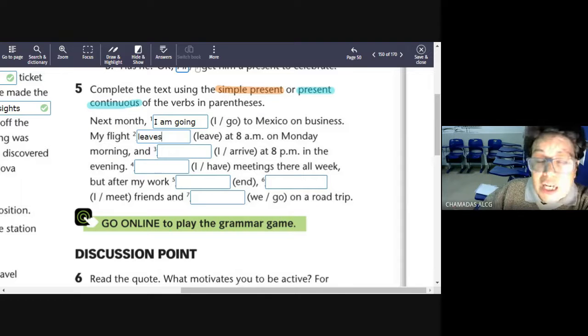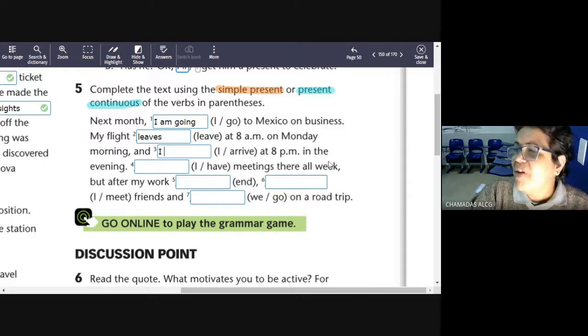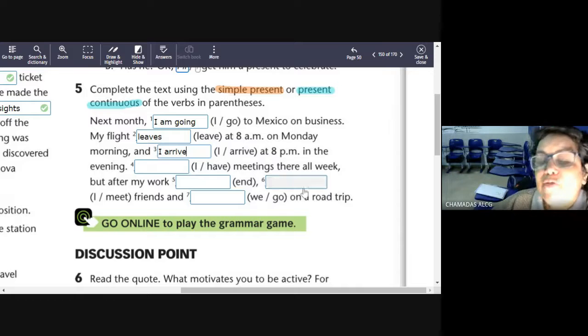Yes, we are talking about the future, but we use the simple present because it's timetable. Okay? Now, next one. And I at 8 p.m. in the evening. Timetable again. So I arrive at 8 p.m. in the evening. Now, meetings there all week.